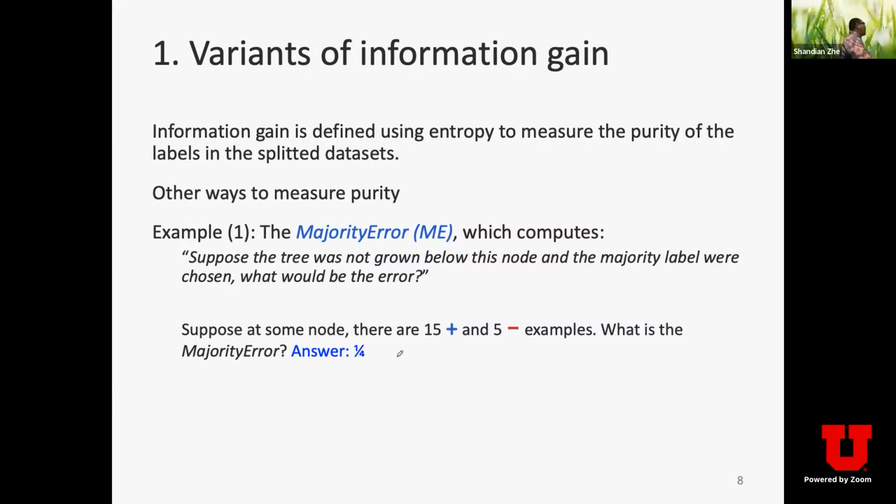So what can we observe from the majority error? How does it connect to the label purity? Yes, the lower the majority error, the better the purity. Why?